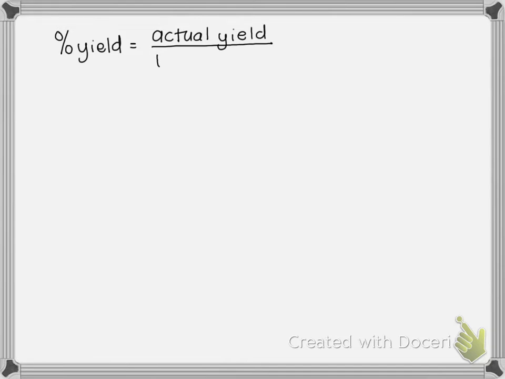So we take the actual yield divided by the theoretical yield, and then we multiply that by 100. And the theoretical yield is the amount that we calculate from the balanced chemical equation. So in Chapter 9, when we're calculating how much product should be obtained in different situations, we're calculating the theoretical yield.